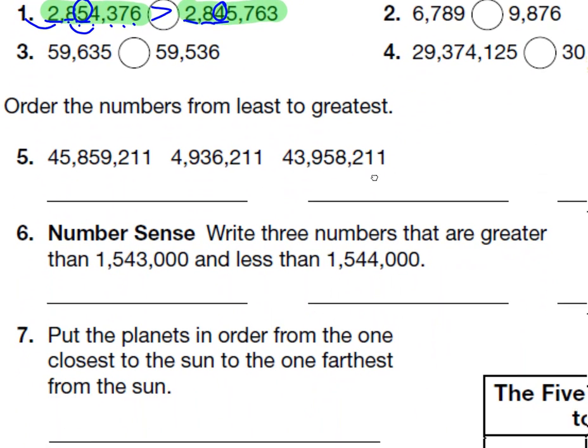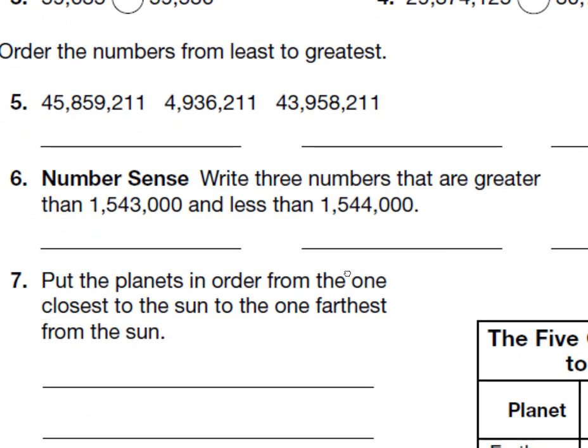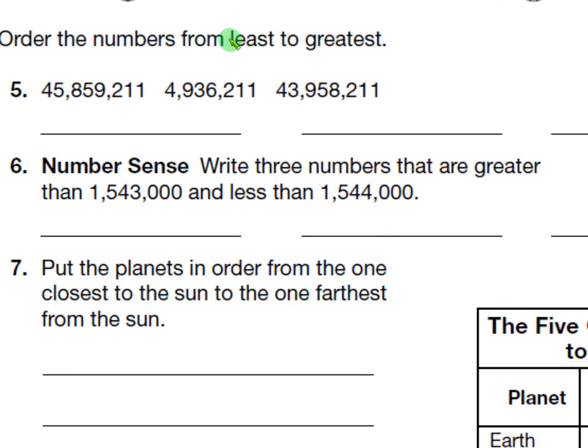And then for number 5, you're going to order the numbers from least, that means smallest, to greatest, that means largest. And the way you're going to do this, same way, you're going to go from left to right to see which number is the smallest. Now, as we look at these three numbers, when we look at the millions period in each of these numbers, there's an instant difference.